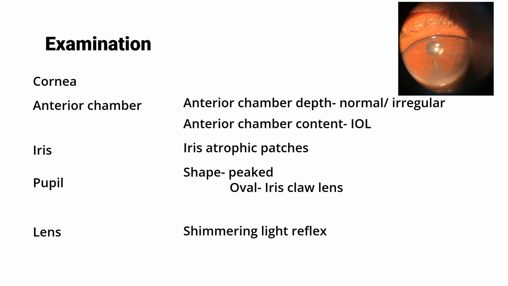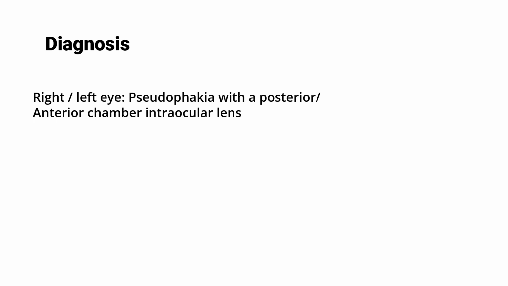You tilt the torch from one side to another, and you'll see that shimmering light reflex in the pupillary area. That is indicative of an artificial intraocular lens. Right. So finally, after examining the whole eye, you will present the diagnosis as right or left eye pseudophakia with a posterior chamber intraocular lens. Or if you saw an anterior chamber intraocular lens, you will present it as an anterior chamber intraocular lens.